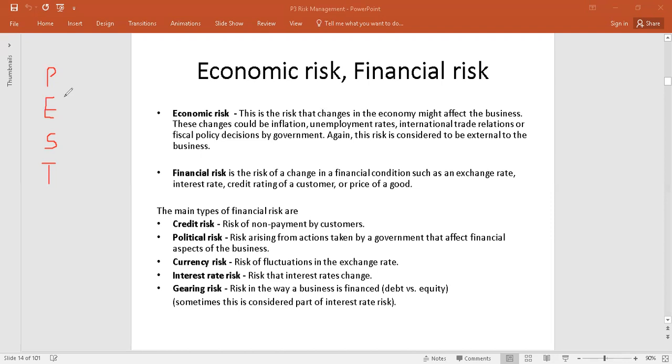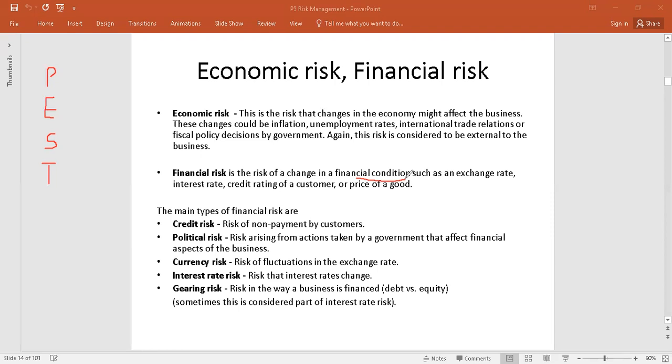Then the next type of risk is financial risk. It is the risk of a change in financial conditions, such as an exchange rate, interest rate, credit rating of a customer, or price of a good.